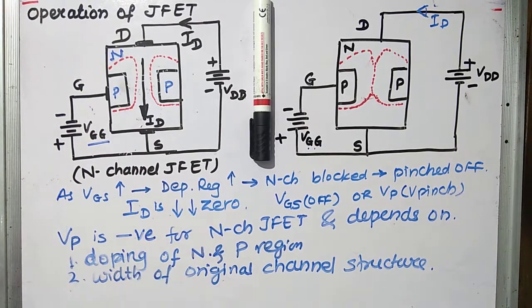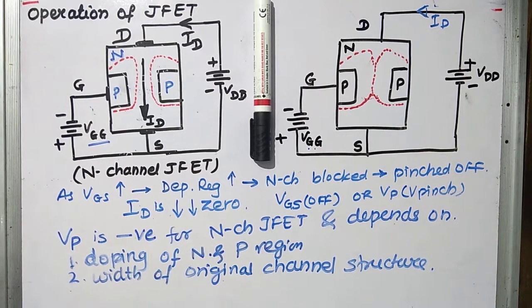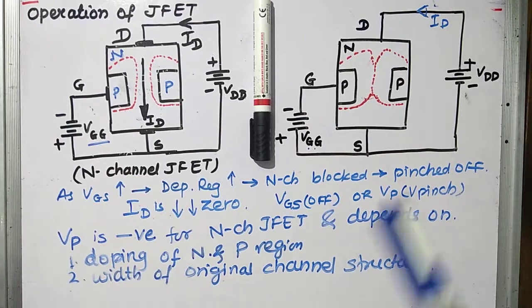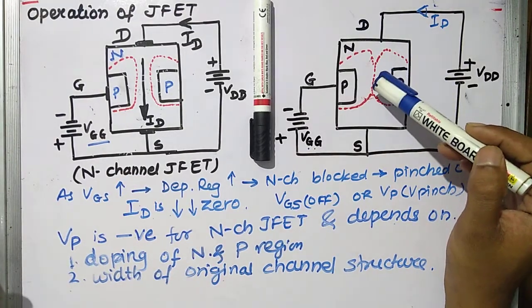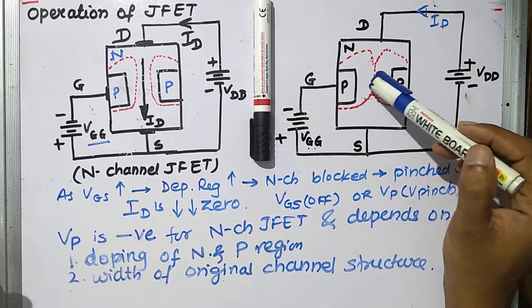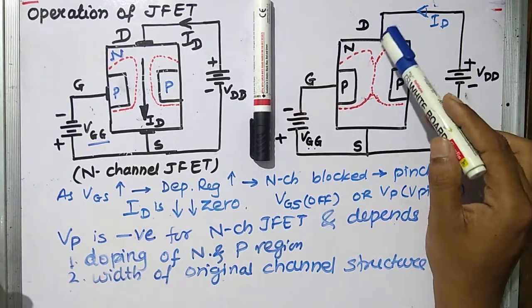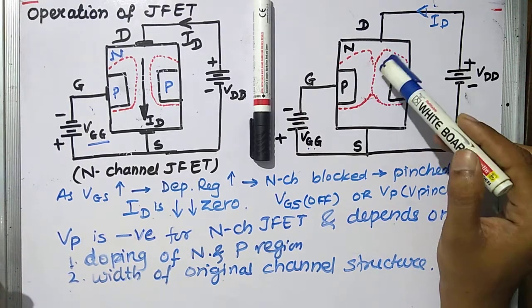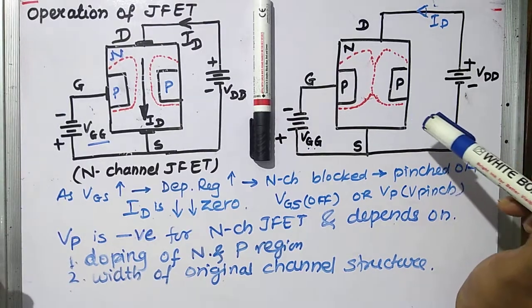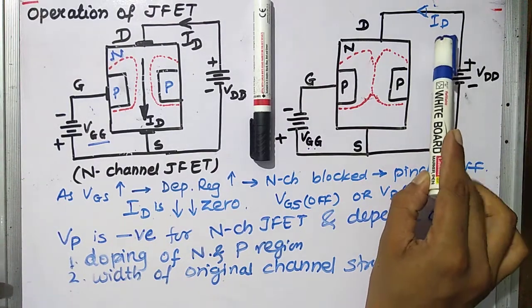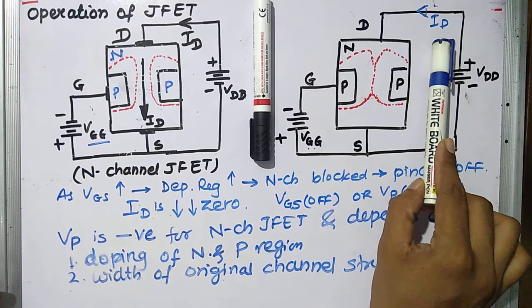Now when VGS is increased, the depletion region is again increased, and if we increase more and more VGS, a situation may arise that the depletion regions will touch each other and the channel is completely blocked, or we can say the channel is pinched off. In this condition, the drain current is completely zero.